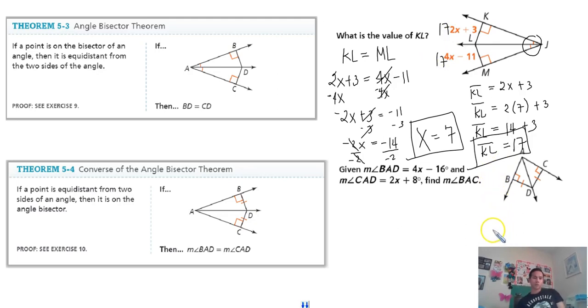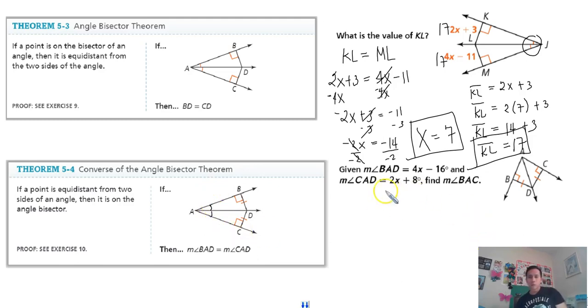the last theorem is the converse of the angle bisector theorem. Converse: if a point is equidistant from the two sides of the angle, then it is on the angle bisector. So in here you have BAD, then if this is the case, the measurement of angle BAD is congruent to angle CAD. So if this is the case, okay.